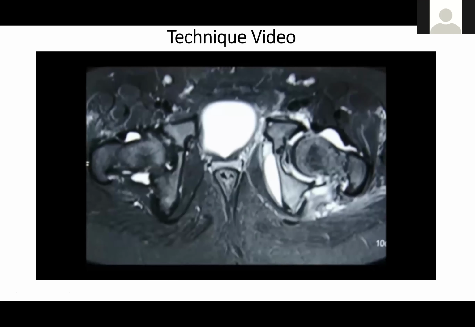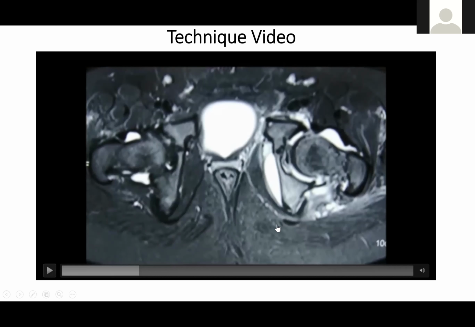Now, if you see here carefully, the ischial part of the acetabulum is a little whitish. I mean, it's a little dense. This one, the ischial area. Yeah, the bone.